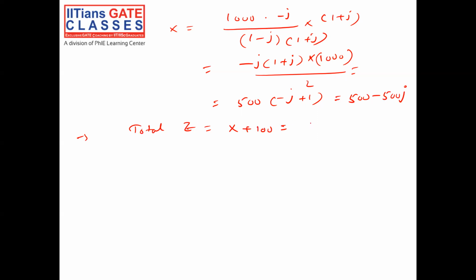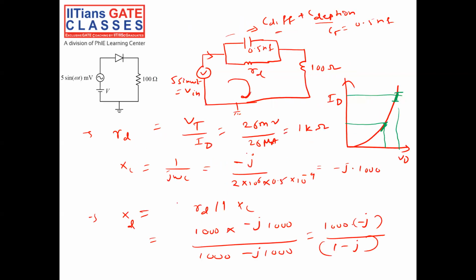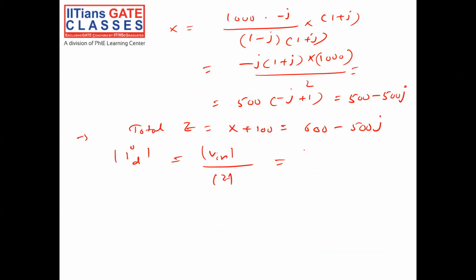So 500 plus 100 is 600 minus 500j. If I want to calculate the small signal current Id amplitude, it should be Vin amplitude by the magnitude of Z. Vin magnitude is how much, guys? It is 5 millivolt, divided by root of 600 square plus 500 square.